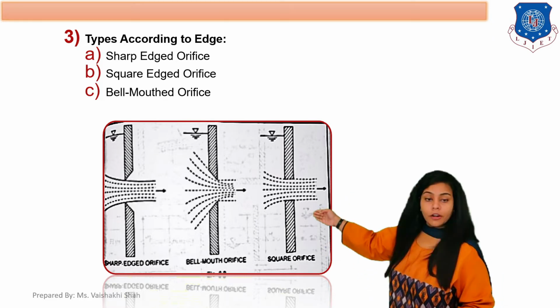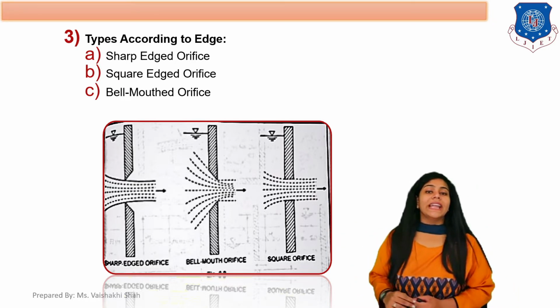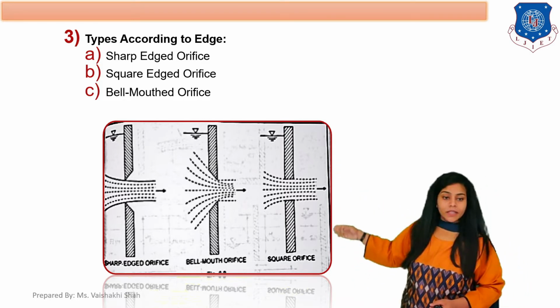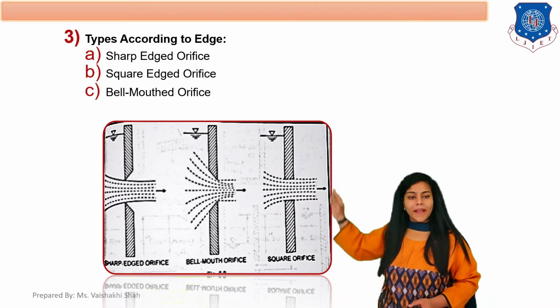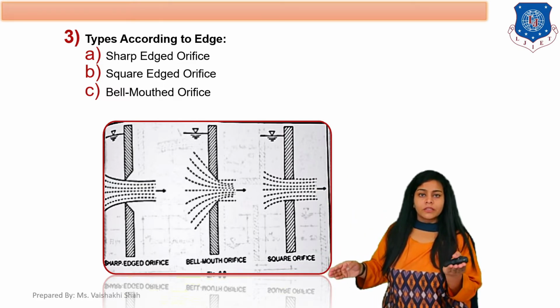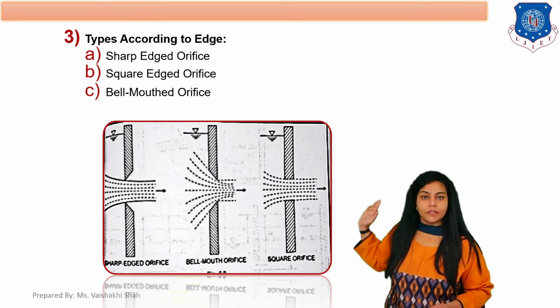So that is your bell mouth orifice. Now third is the square edge orifice. In this figure, both the plates at top and bottom are square in shape. So that orifice is called a square edge orifice.